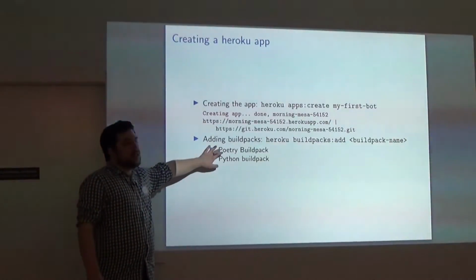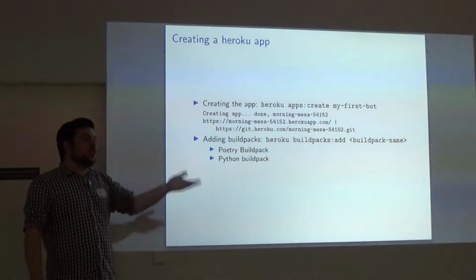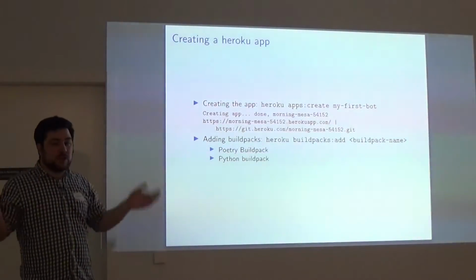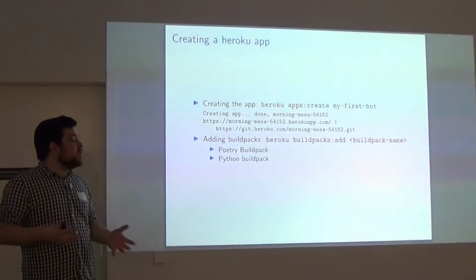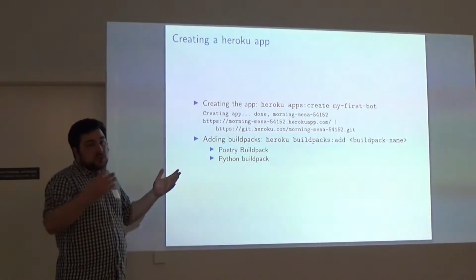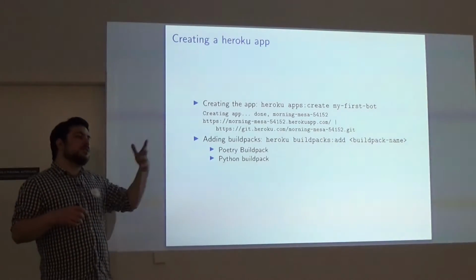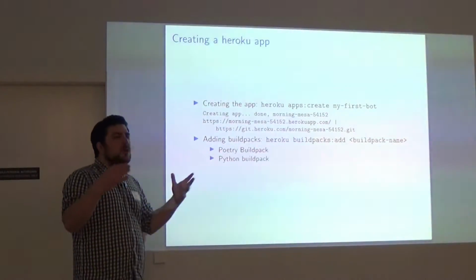And then I'm using a community-based buildpack, which is Poetry, which installs the dependencies, in this case the libraries or whatever dependencies you want, in the environment. Before this was available, what you had to do was export the requirements to a file, and it's a bit more messy.